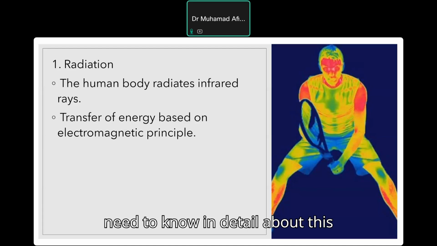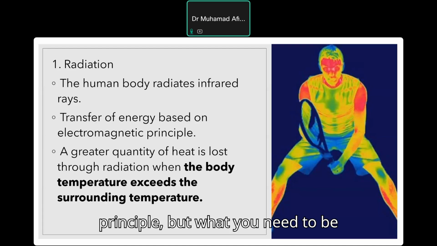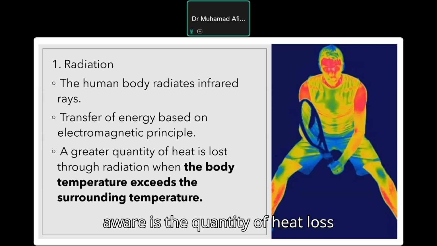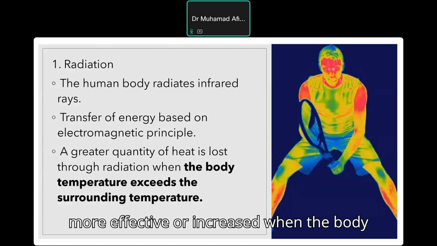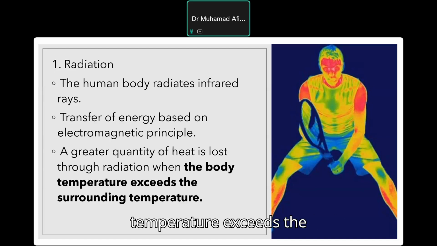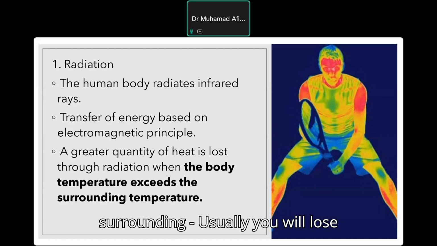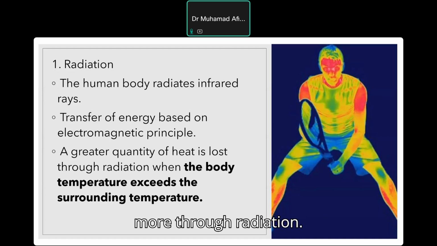You don't need to know this principle in detail, but what you need to be aware of is that the quantity of heat loss through radiation is increased when the body temperature exceeds the surrounding temperature. So when you are in a cold surrounding, usually you will lose more through radiation.